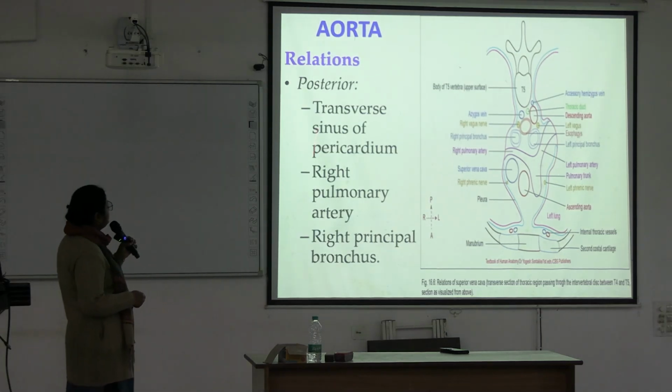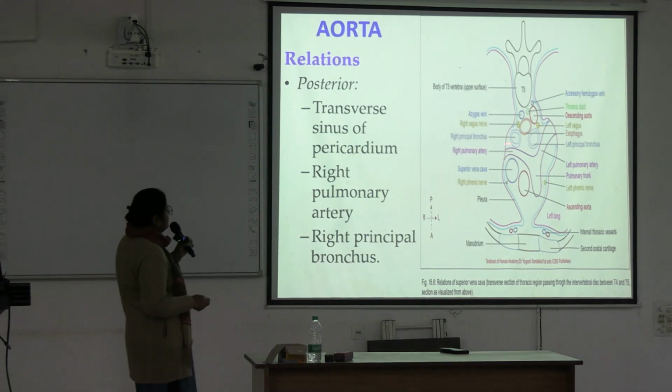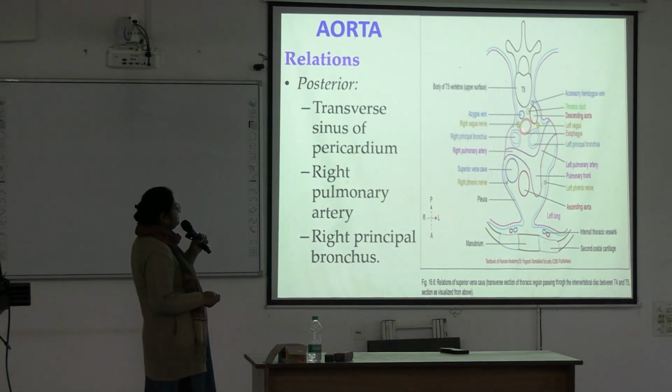This is the pulmonary trunk. Next are the posterior relations: the transverse sinus of the pericardium, the right pulmonary artery, and the right principal bronchus.